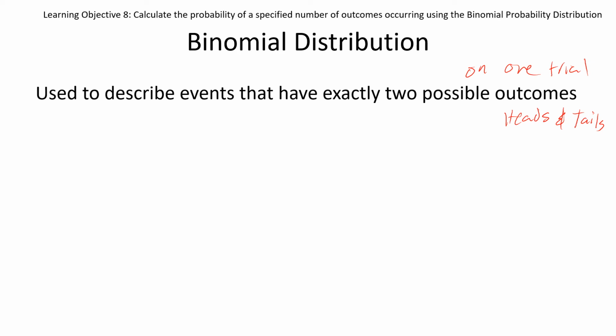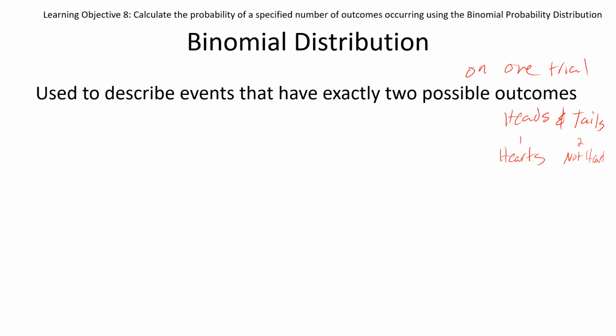Well, in that case, what we would be looking at is the event and its complement. So let's say we were trying to look at drawing hearts. We were trying to draw cards out of a deck, and we were trying to see what's the probability of drawing two hearts on 3 draws. Well, our one outcome is hearts. The other outcome is not hearts.